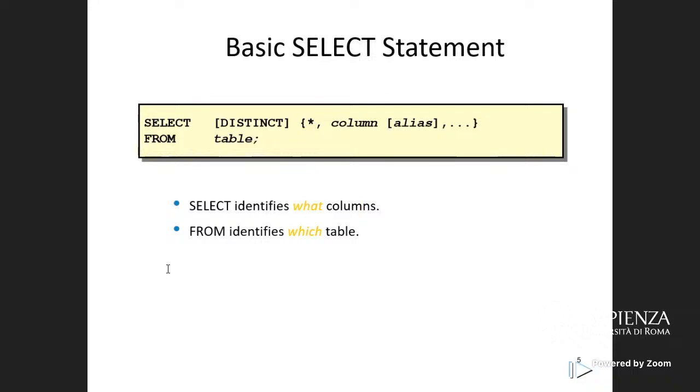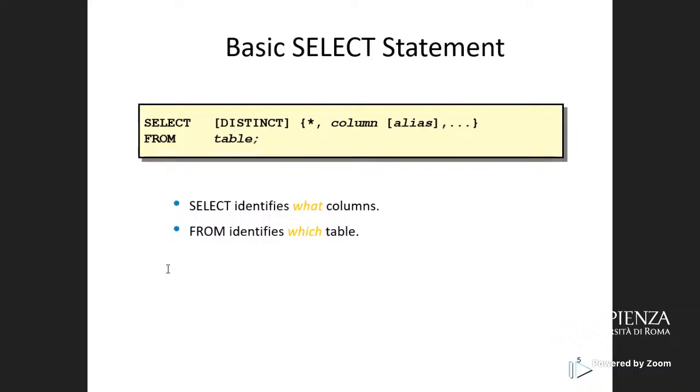I think I explained this already, but select will tell us what columns we are selecting. But the from tells us from which table we are selecting it. So there are two different things. From which table? Select what and which.